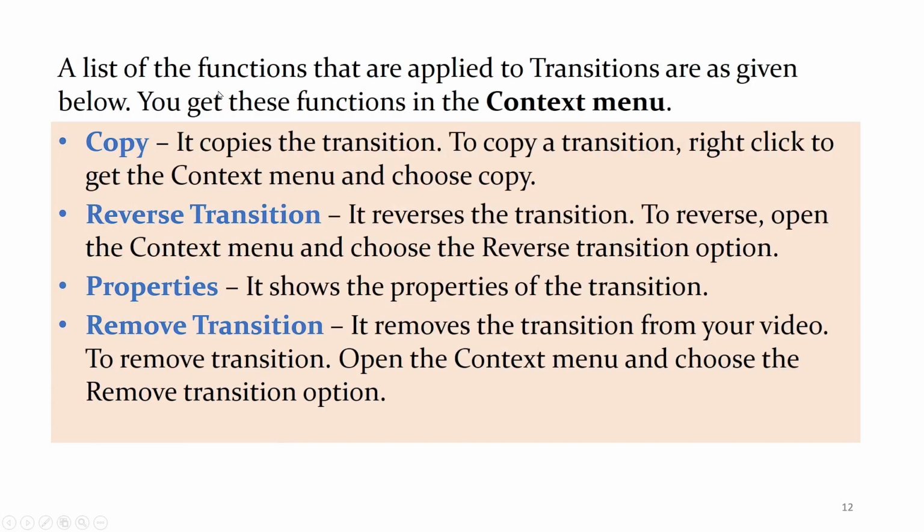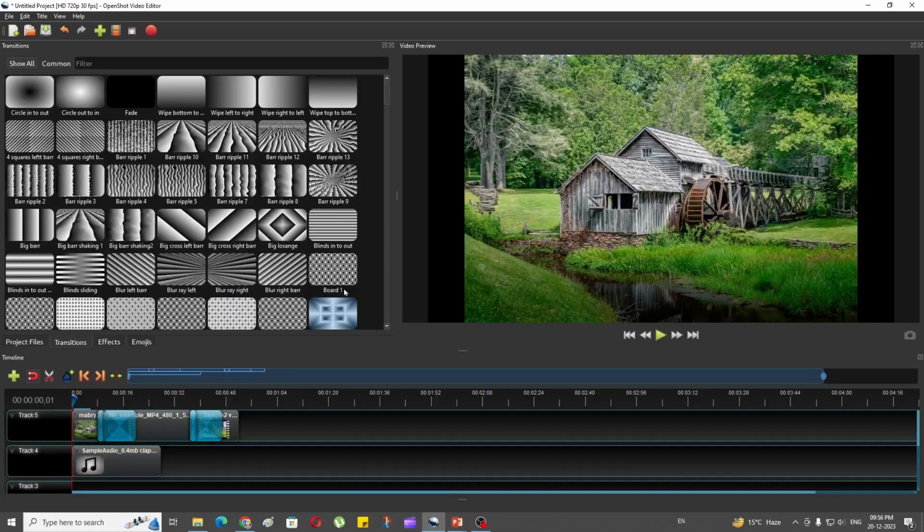Now a list of functions that are applied to transition are as given below. One is copy. It copies the transition. To copy a transition, right click to get the context menu and choose copy. Say suppose here you would have seen I have given wipe bottom transition effect to this one and fade to this one.